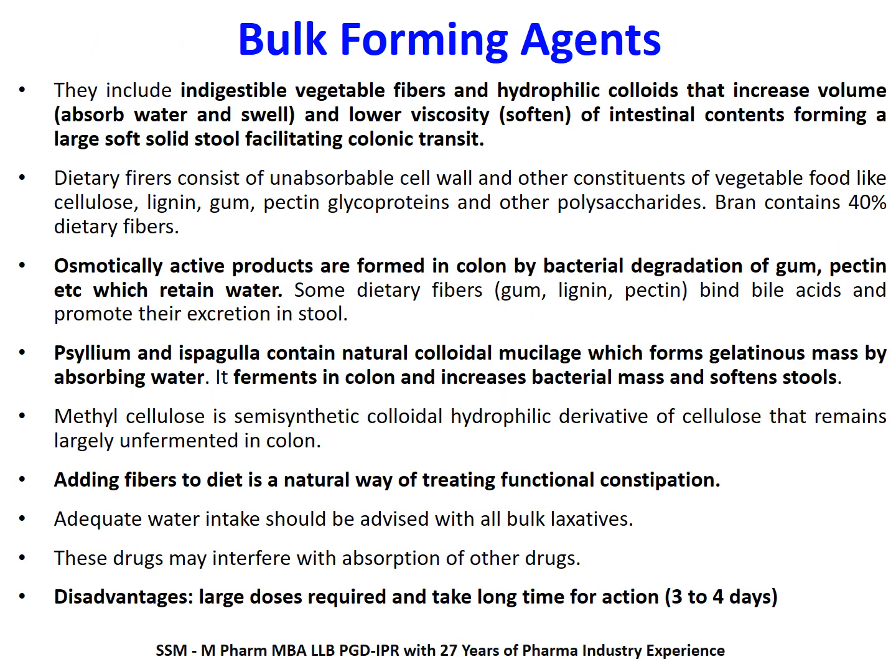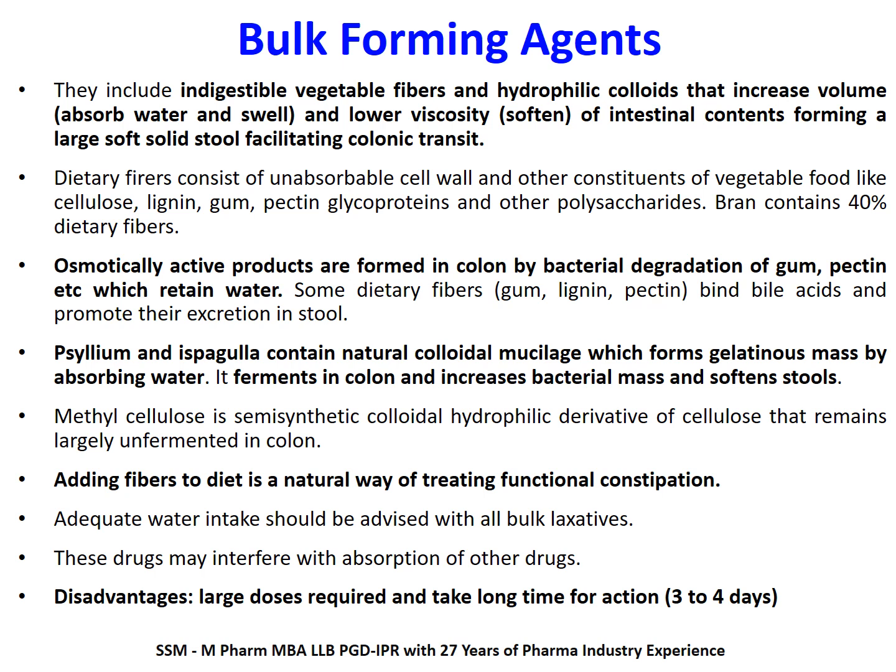Now coming to bulk forming agents. They include indigestible vegetable fibers and hydrophilic colloids that increase volume by absorbing water and swelling. By absorbing water, they swell and increase the volume, and they lower the viscosity of the intestinal content, which softens the stool.